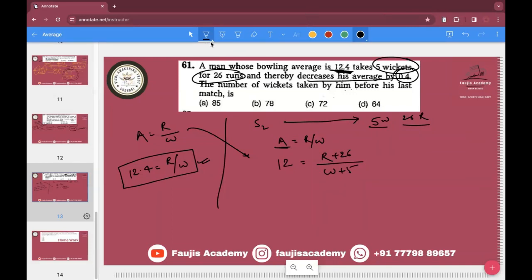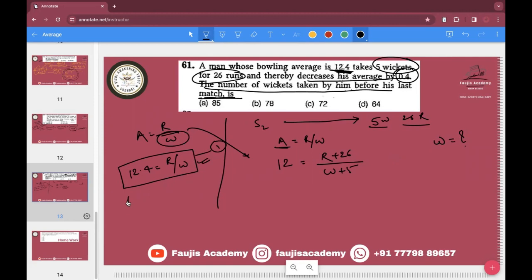Cool. So now we got to find out the number of wickets taken by him before his last match. W. So they are asking in the question what is W. If we have to find the value of W, we'll replace R from equation 1.